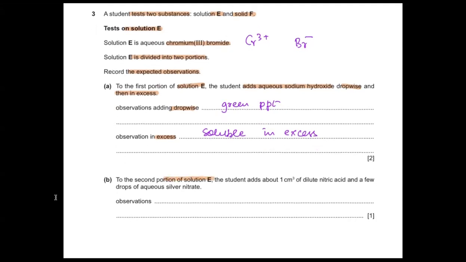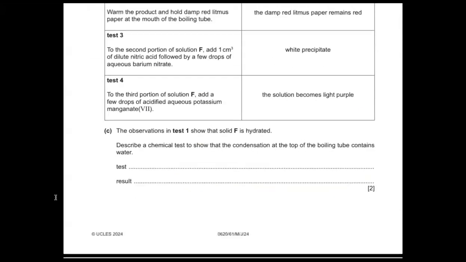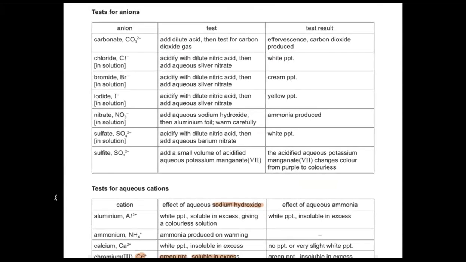To the second portion of solution E, the student adds about 1 centimeter cube of dilute nitric acid and a few drops of silver nitrate. So what we have is bromide ion. If you see from the chart at the back, bromide, with dilute nitric acid and silver nitrate both added, we are getting a cream precipitate.